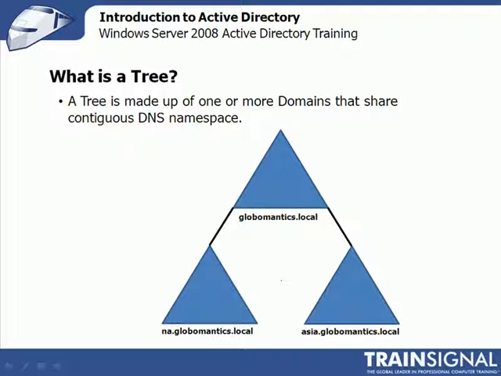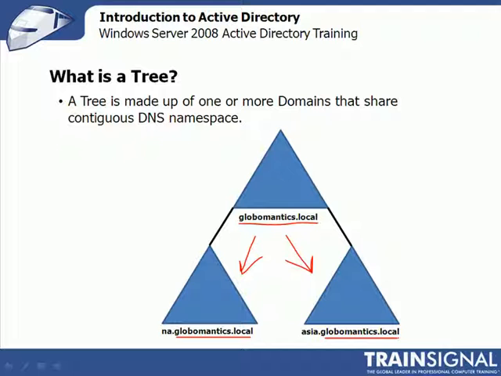Now, what does that mean, sharing contiguous DNS namespace? Well, what it means is that these domains will be set up in a form of a hierarchy. So here we have our globalmantics.local domain up top. And then we have within the tree child domains. Okay, so they are lower branches. And when you go down to a child domain, it will share that globalmantics.local namespace.